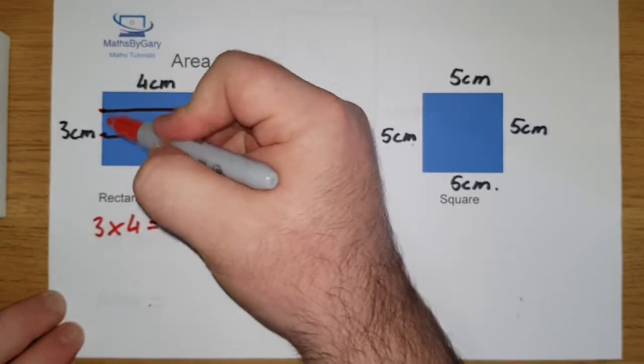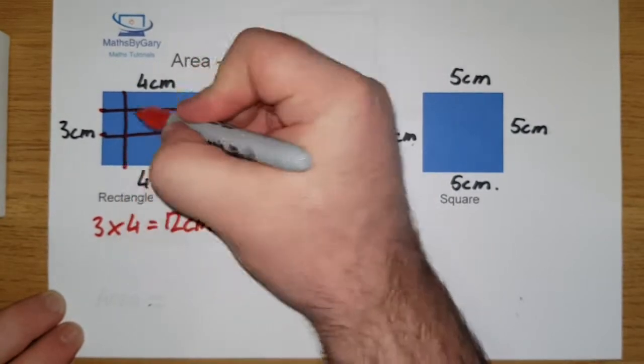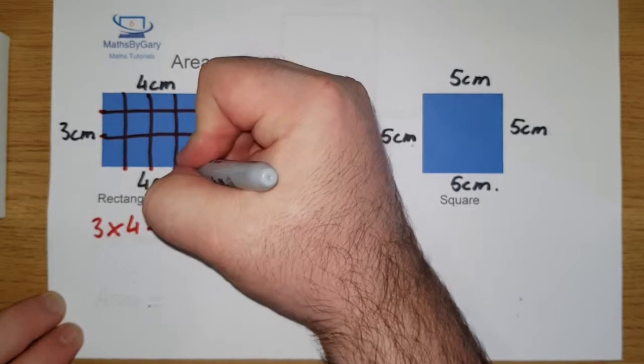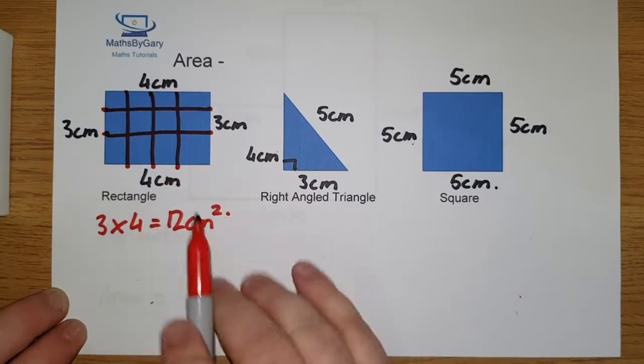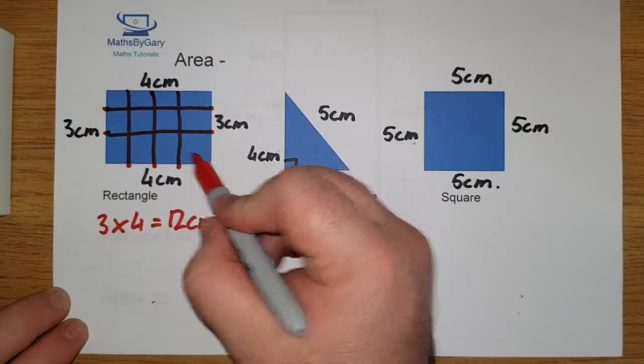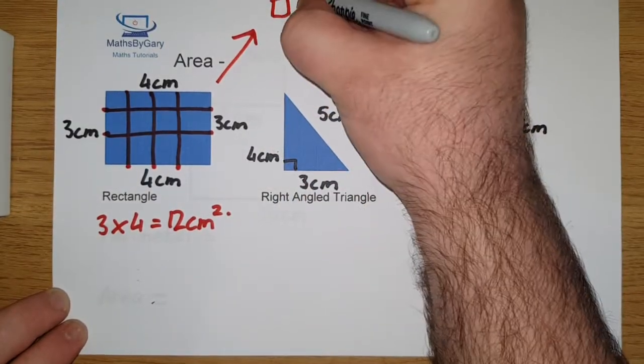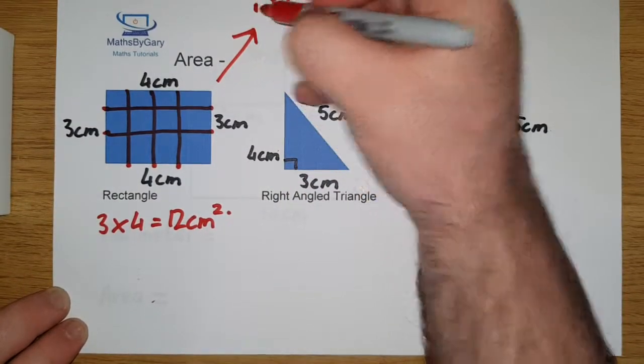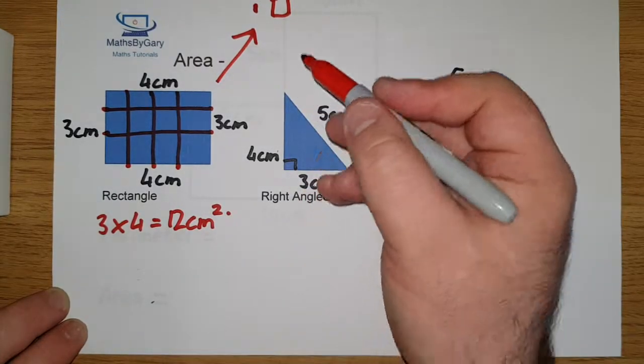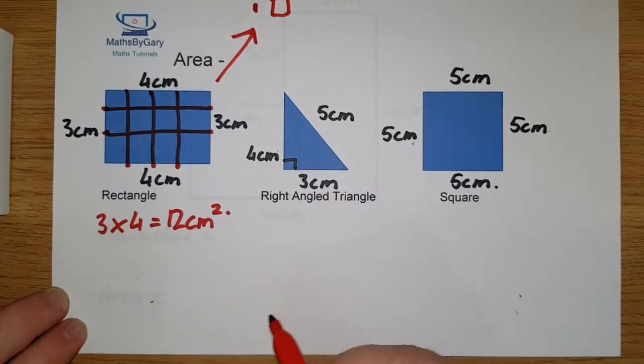So there's 3, 1, 2, 3, and then 3 by 4. Imagine a grid of 3 by 4, and each box in the grid is 1 centimetre by 1 centimetre, and that's how we get centimetres squared.